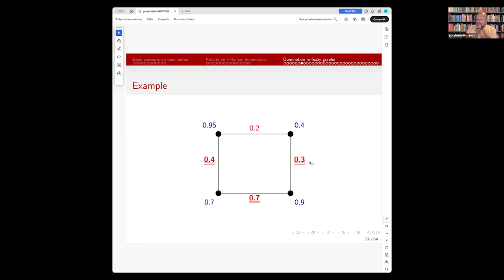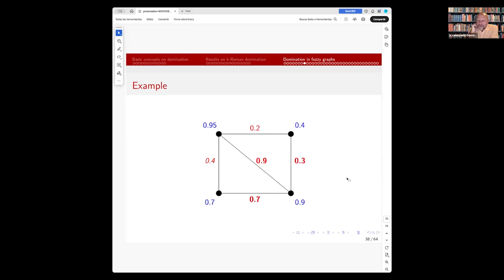The same happens for the other edges, but in the case of the edge that has mu equal to 0.2, the strength of the path joining the two vertices is 0.3, which is greater than the strength of the edge. So this edge will not be a strong edge.